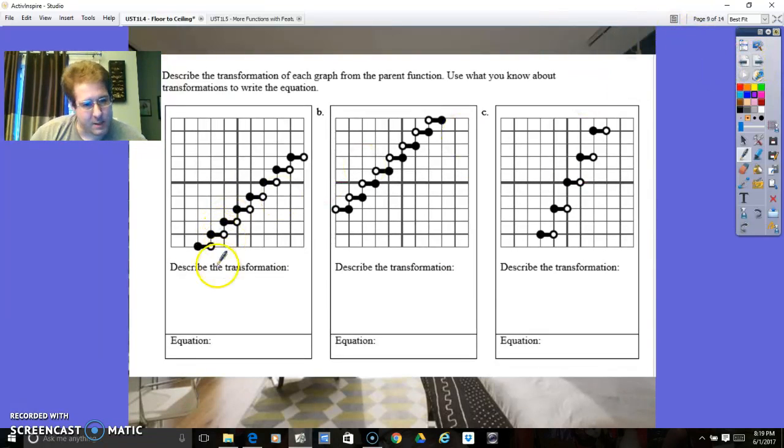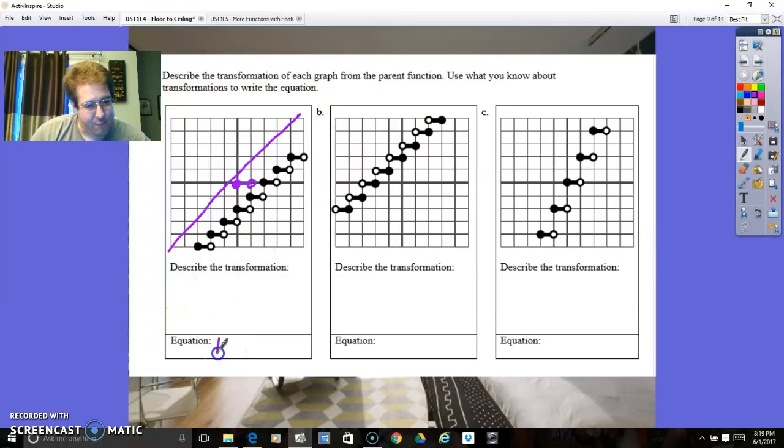All right, so getting back to this, how would you describe that function? You would say this is a floor function, first of all, because the black dot is on the left. Each piece has a lowest point, has a floor to it. Now, 2 ways you can visualize this, because remember the parent function had a piece right here, and then it went up like this. So you can either see this as a transformation that has shifted everything to the right, or if you can imagine it, it's the same thing as shifting everything down.